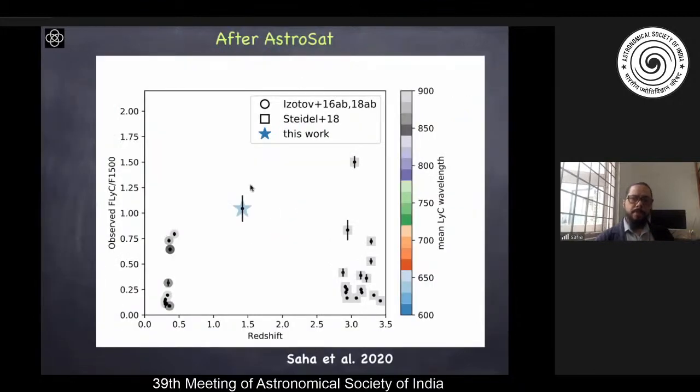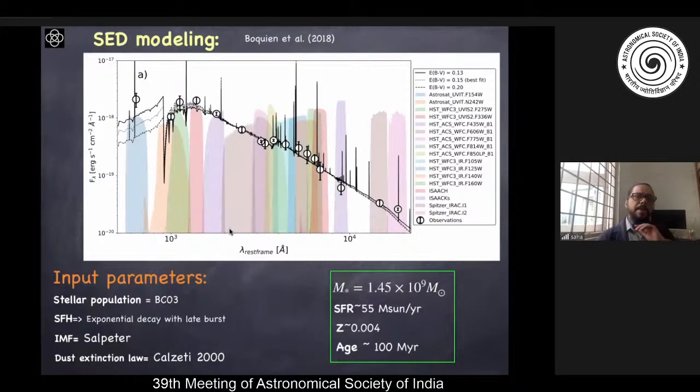So now after AstroSat, we have one detection here. We are hoping that more and more such detections would come. And we also did broadband SED modeling all the way from far ultraviolet to near infrared. We find this galaxy has a star formation rate around 55 solar masses per year. It's a low mass galaxy and also of low metallicity.